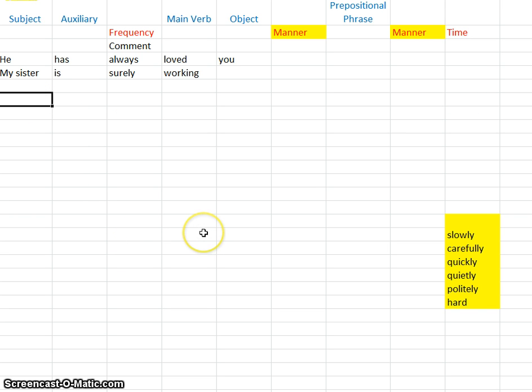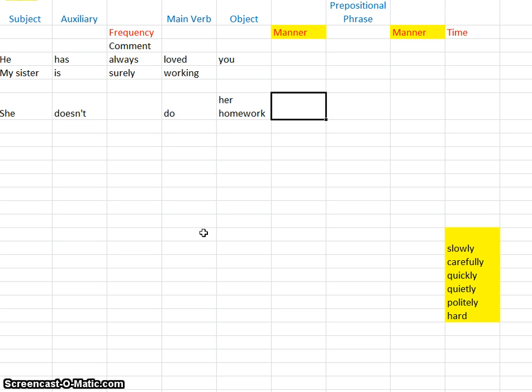So for example, I could say she, auxiliary doesn't, main verb do, object her homework, adverb of manner, carefully. She doesn't do her homework carefully. That goes there after the subject, verb, and object. We have the adverb of manner.